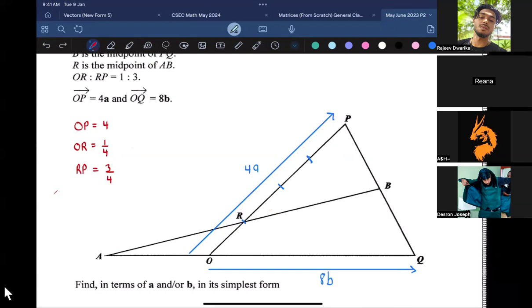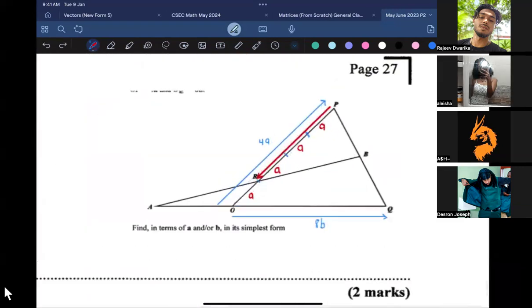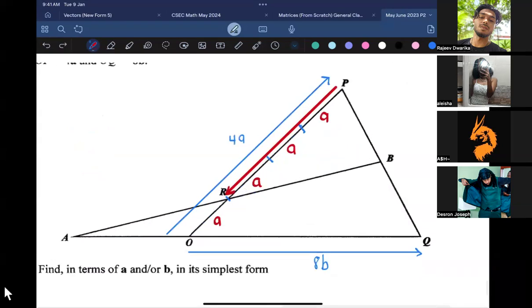Alicia, are you confused by that, or do you understand that? I understand. So we're basically breaking it up into 4 different sections. If the whole thing is 4A, then one section would be A, right? So Sasha, O to R is A, and R to P will be how much? 3A.